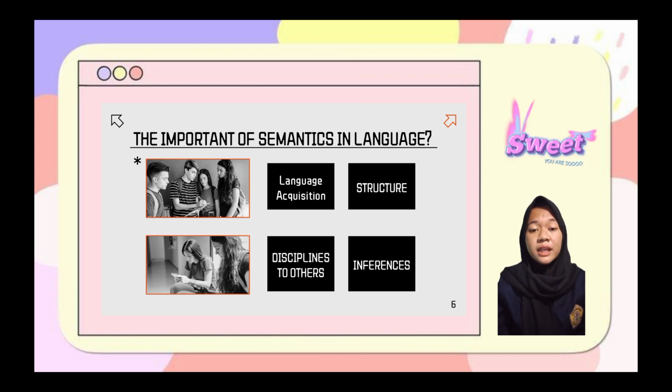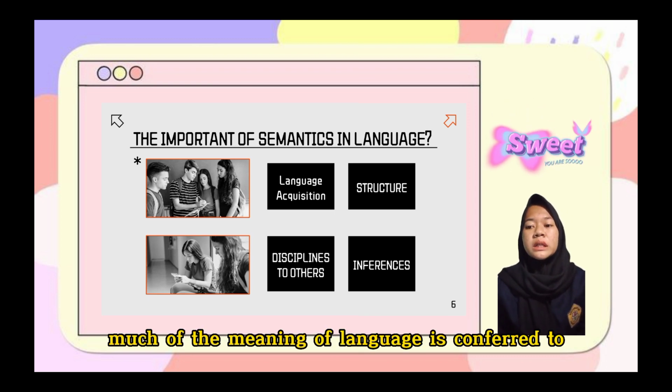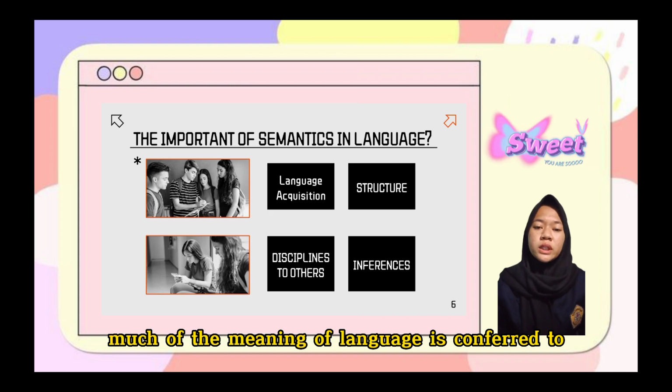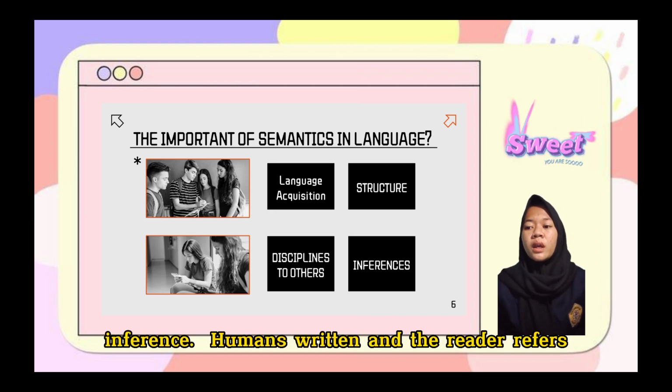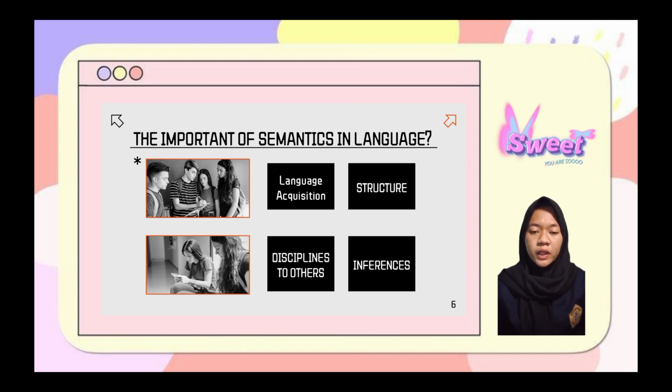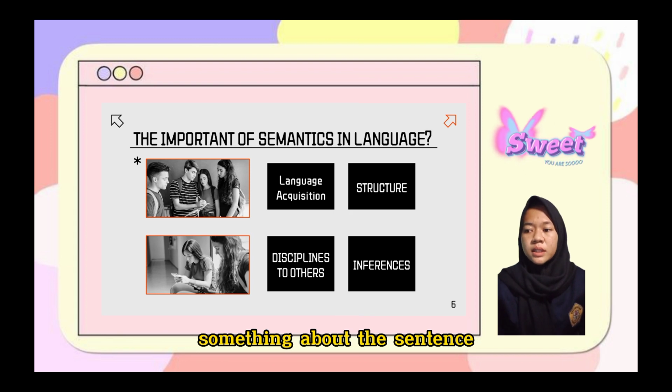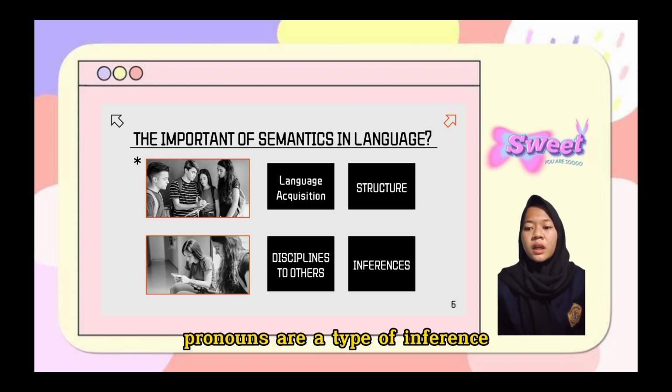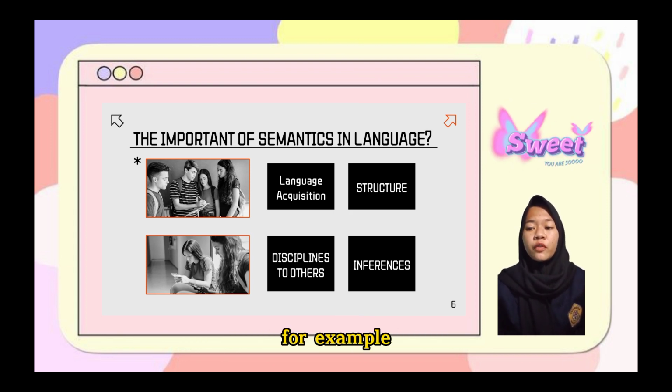And the last is inferences. Much of the meaning of language is conferred through inferences. Humans write things and the reader infers something about the sentence based on the information available to him. Pronouns are a type of inference.